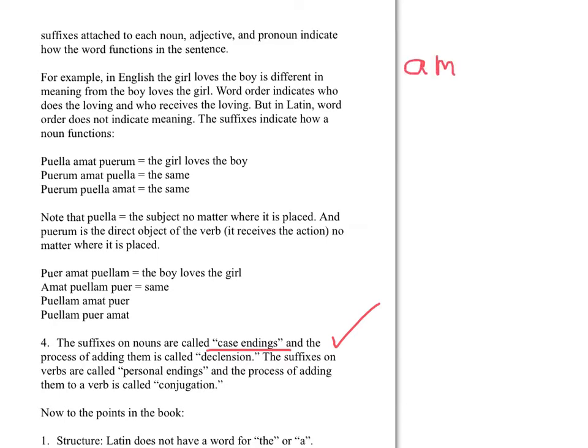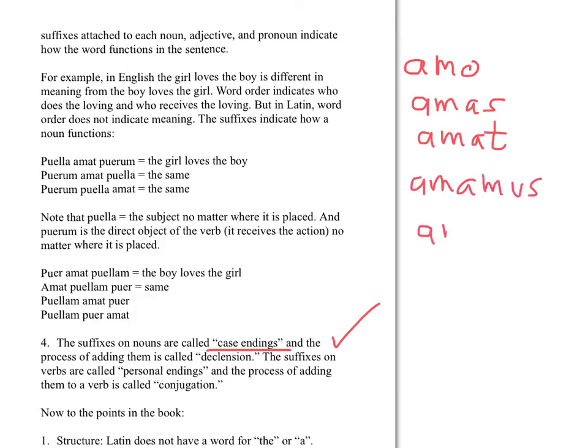I showed you the verb amo, and I added different endings so that they translated differently, and this is called conjugation. That's what you do to verbs when you add the different endings to them. Note that each of these has a different ending, so it has a different meaning.